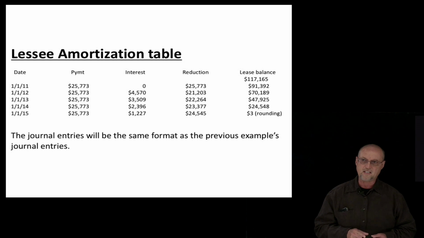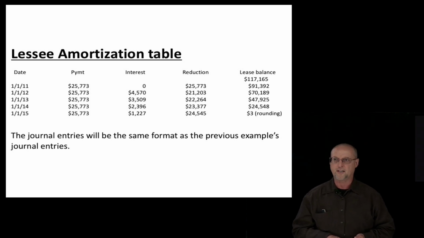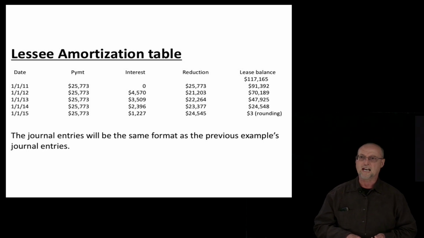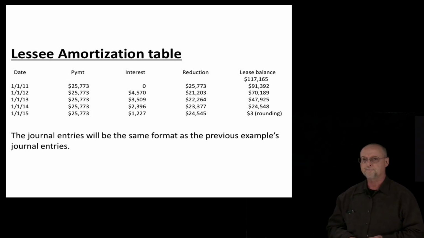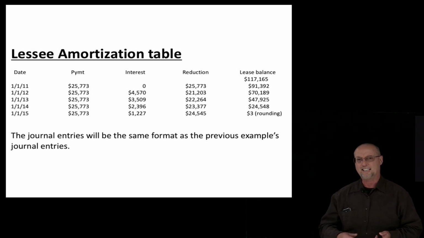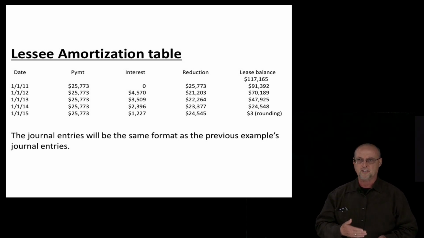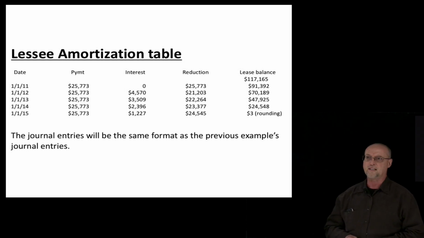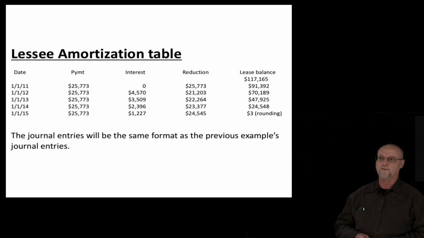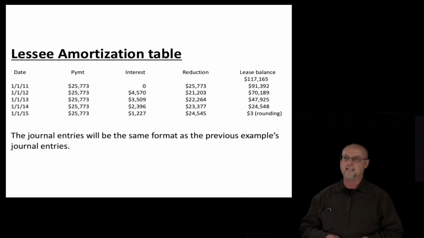So $117,165 minus $25,773 equals $91,392. Okay? The next payment a year later, that'll accrue interest. $91,392 times 5% will generate interest of $4,570.